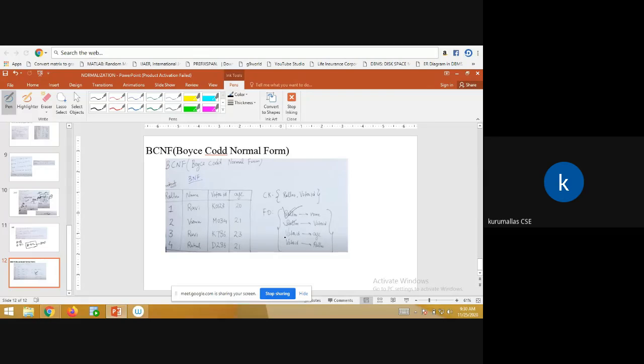Voter id tends to age; voter id is also a key. Both sides, these two are keys. So this table is in Boyce-Codd normal form.